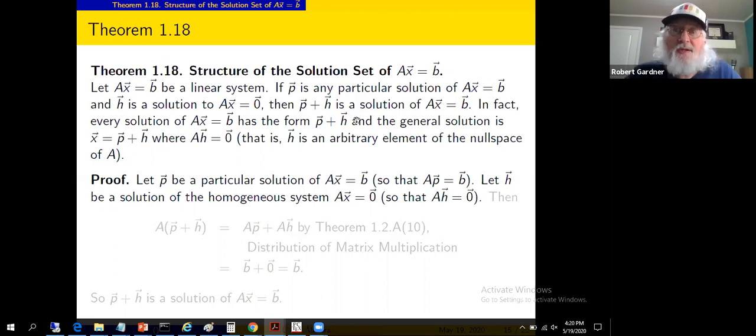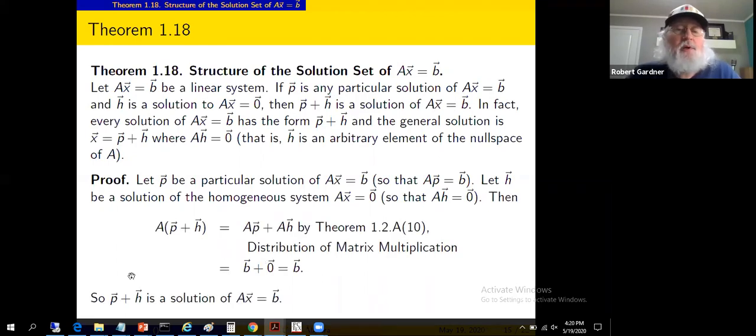Then let's plug in p plus h for x and see if we don't get b out. So A times x, A times p plus h. All right, we can distribute. We got nice behavior on matrix multiplication, except for commutativity, we don't have that. But we've got distribution of matrix multiplication over matrix addition, if you like. Vectors are special cases of matrices.